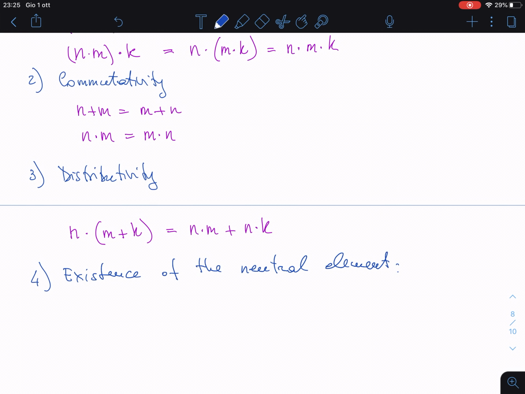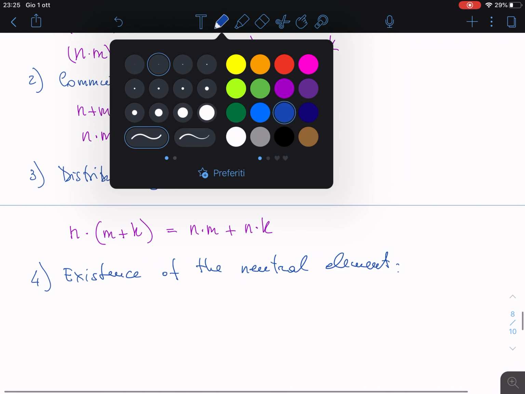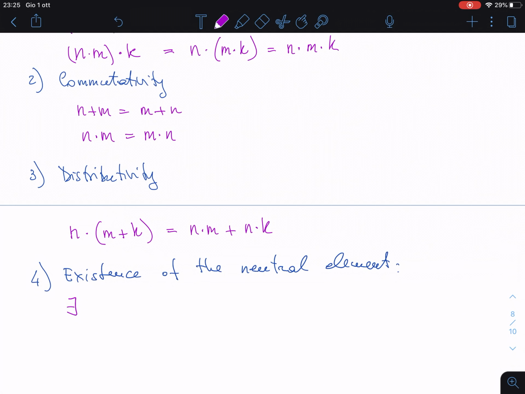So there exists an element E in N such that n plus E is equal, by commutativity, to E plus n, which is equal to n.